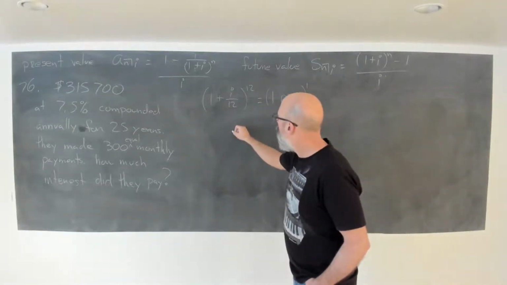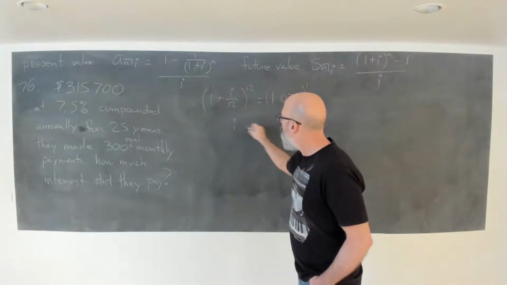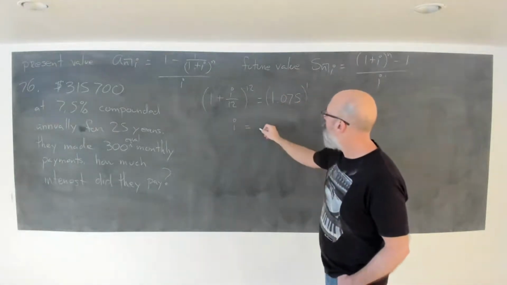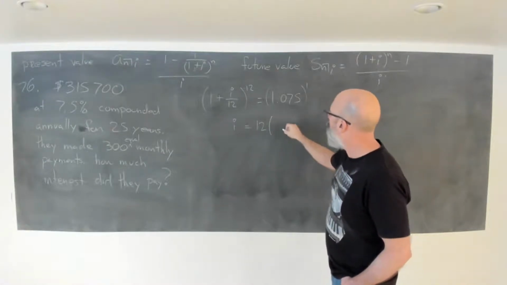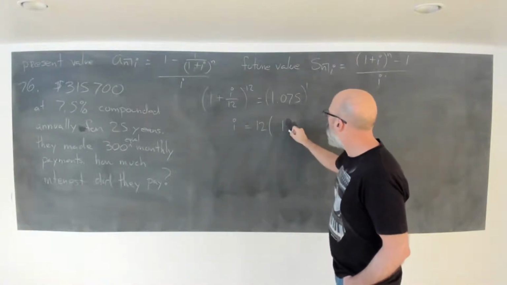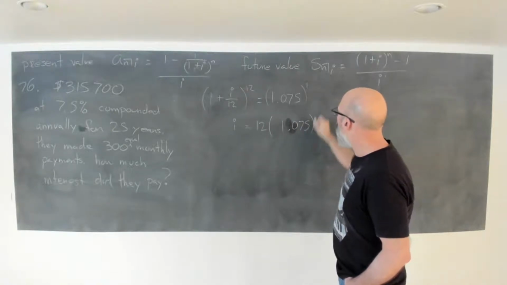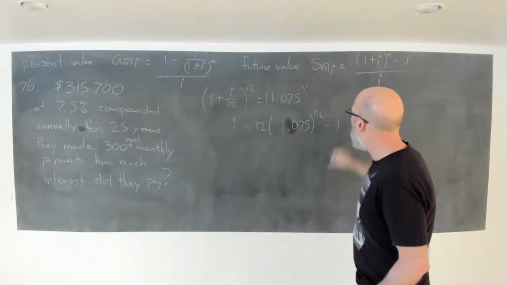So i is easily seen to be, what is it easily seen to be? 1.075 to the 1 over 12 minus 1.